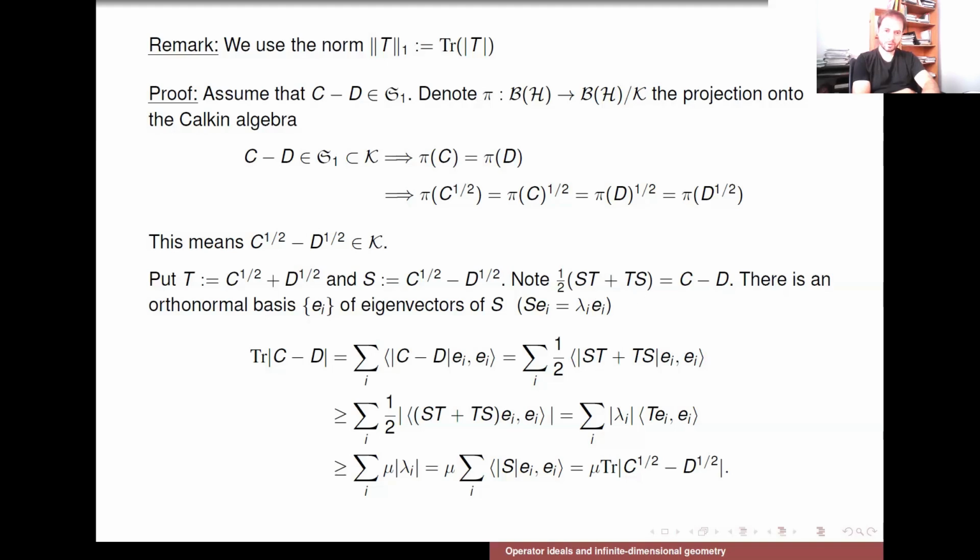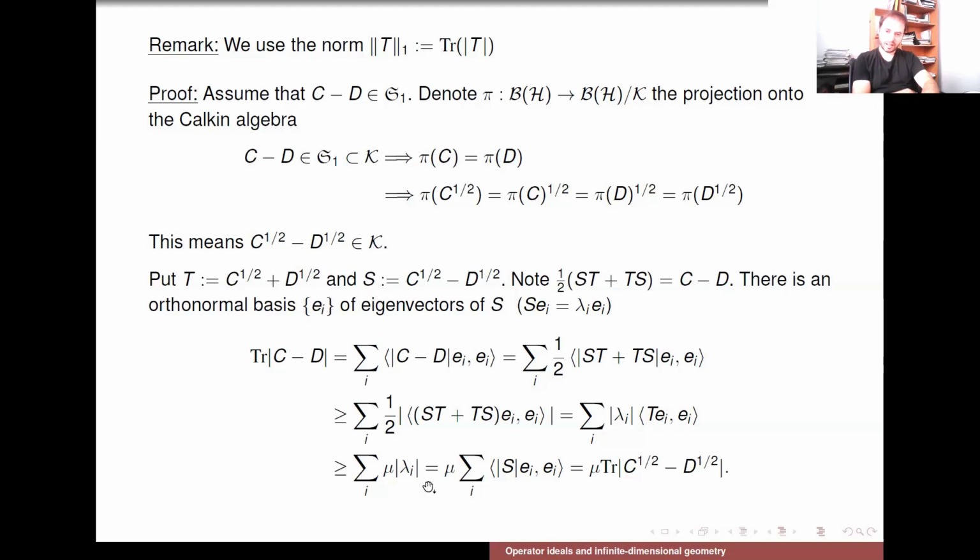And then we use a well-known inequality using the convexity of the modulus here between the inner products. Then in this step, we use that these are indeed eigenvectors. The half here cancels.